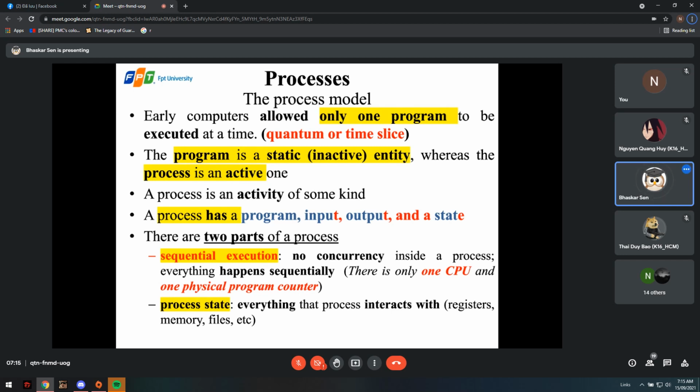That is what we call the state of the process that should be saved.